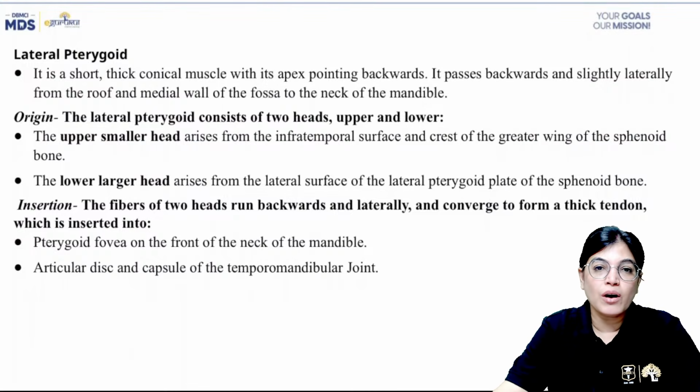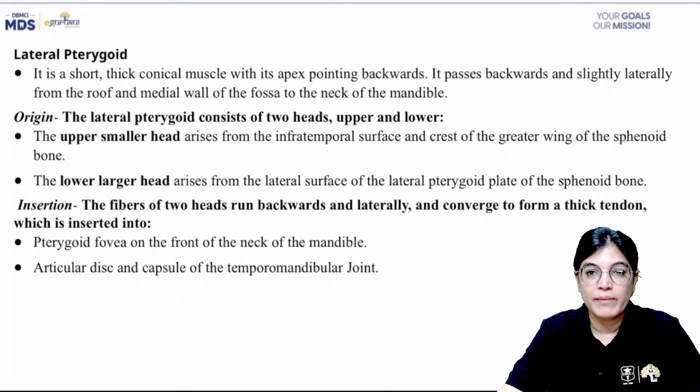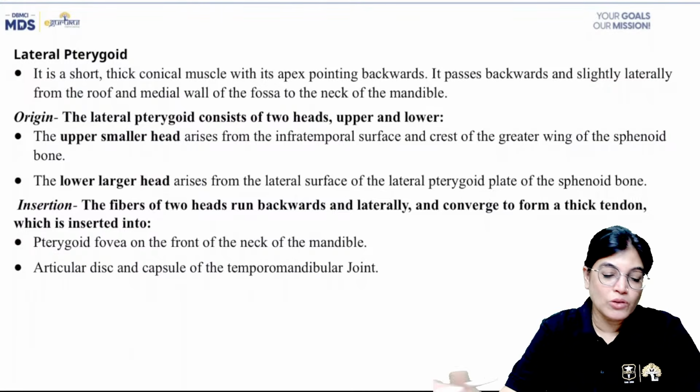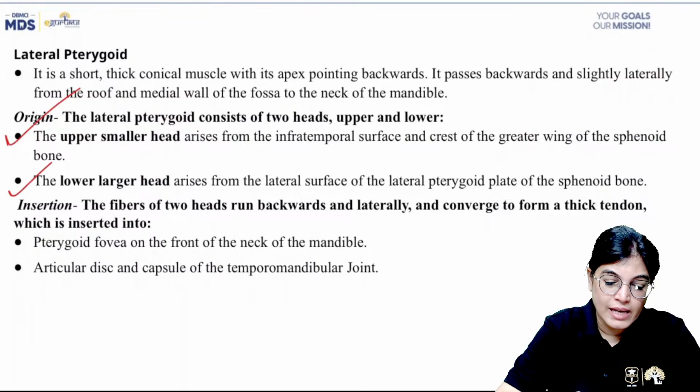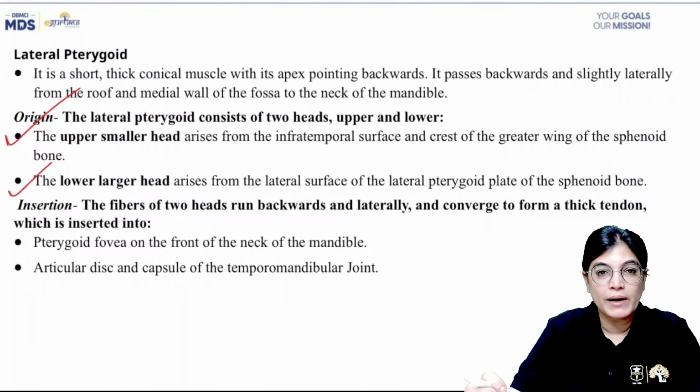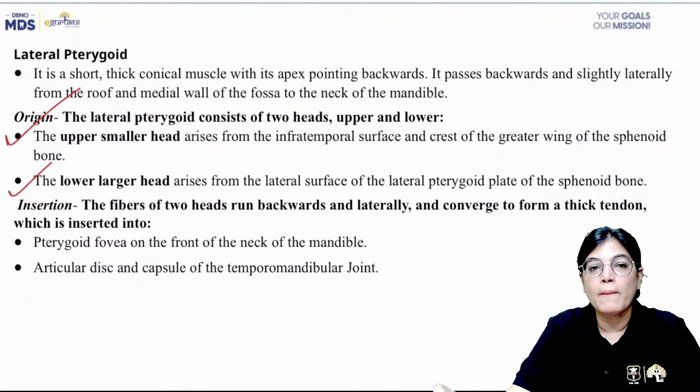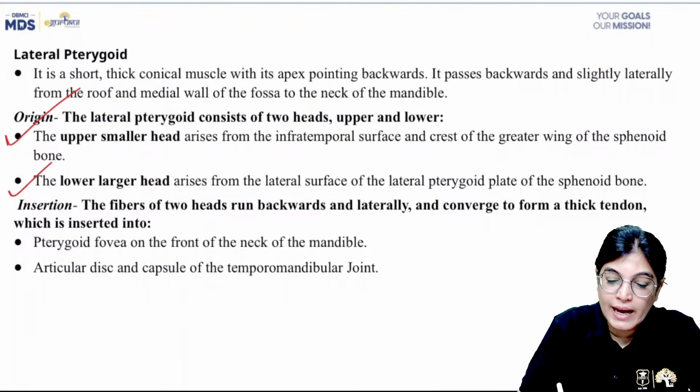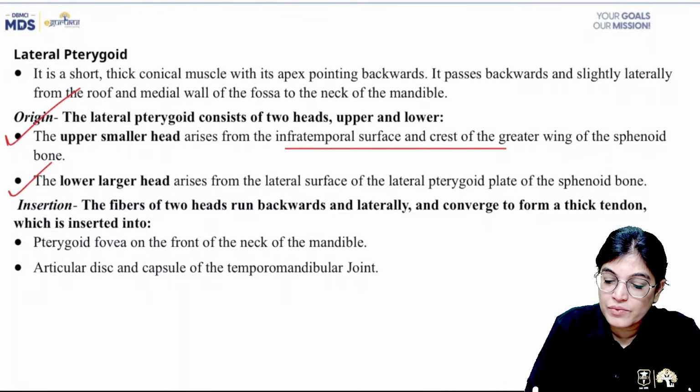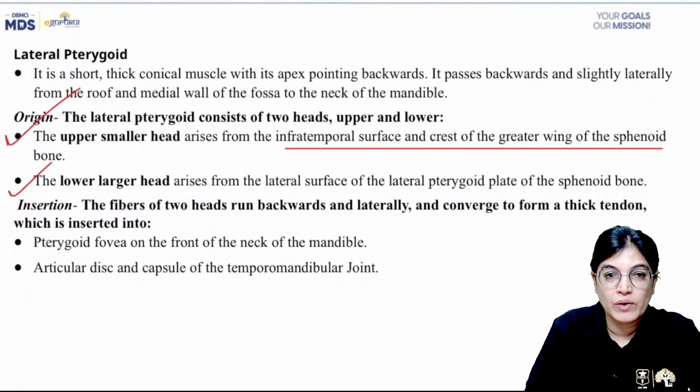It is a short conical muscle with the apex pointing backward. If I talk about the origin, the lateral pterygoid muscle has a small upper head and a larger lower head. The upper smaller head arises from the infratemporal surface and crest of greater wing of sphenoid.